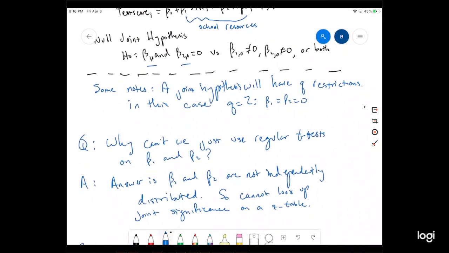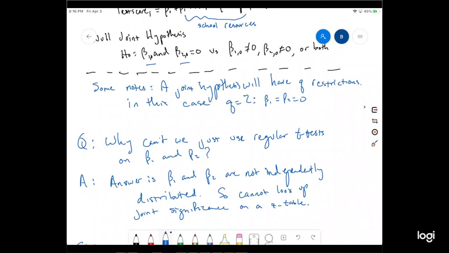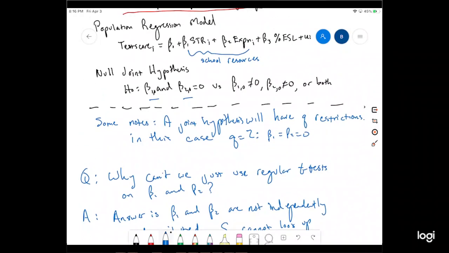A couple notes: a joint hypothesis will have Q restrictions. In this case, Q equals 2 because we have beta 1 and beta 2 that we're specifying our hypothesis about. If we had a joint hypothesis about all 3 coefficients in the model, beta 1, beta 2, and beta 3, then Q would equal 3.